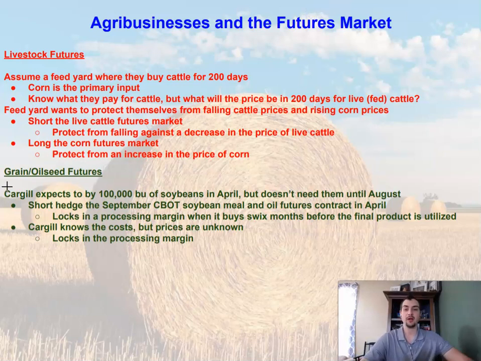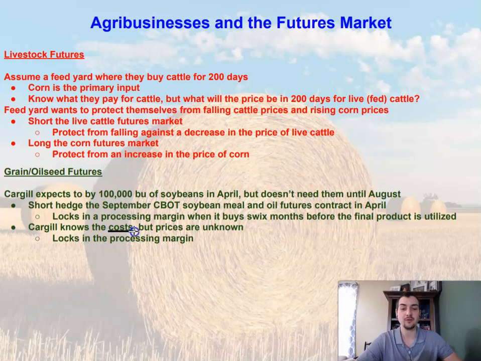So essentially what Cargill is trying to do is reduce their price risk and lock in the amount at which they're going to sell this commodity by short hedging in September. And they're going to do this 6 months before the final product is actually utilized. So Cargill is going to know their costs.